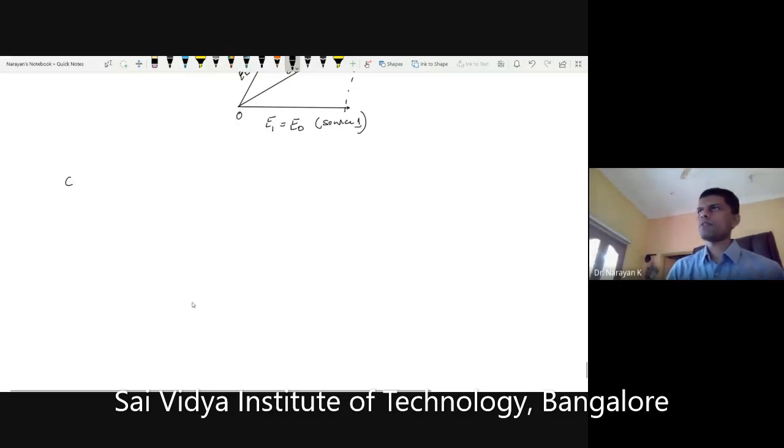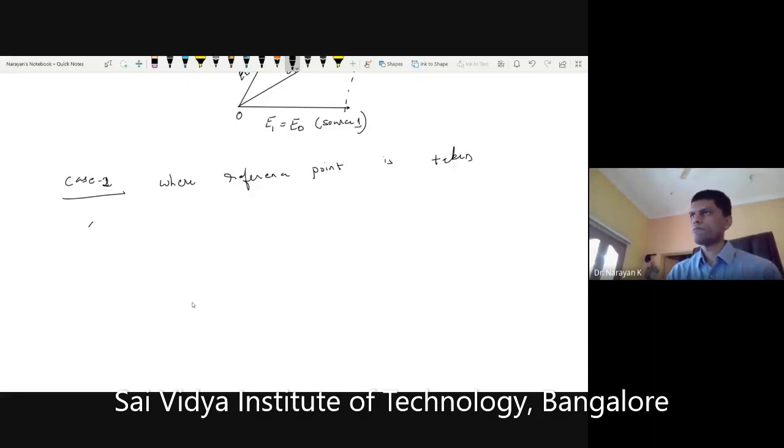Now in this you have case 2, where the reference point is taken at the center of the array. The reference point is taken at the center of the array.